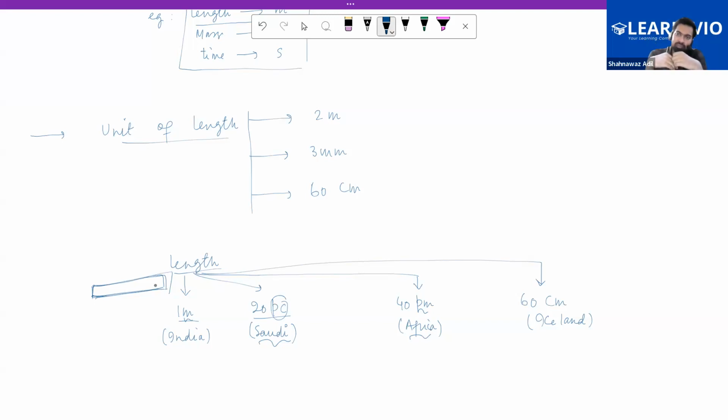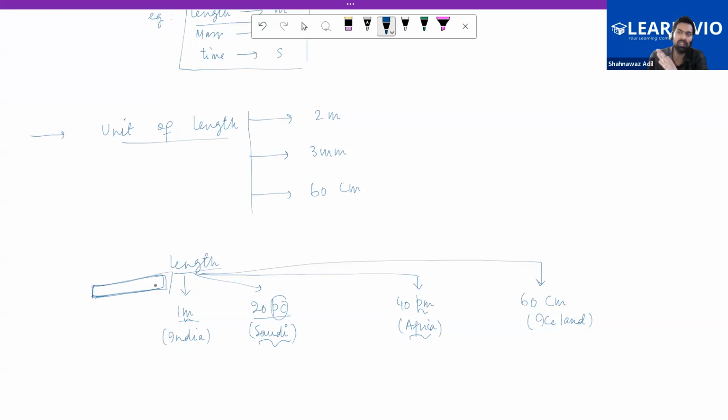I should have an organized system in which we all agree on this system altogether. So all these communities sit together and decide that we should define length with this particular unit.